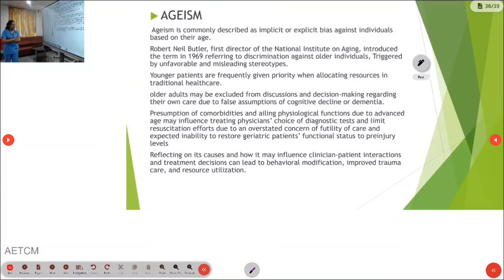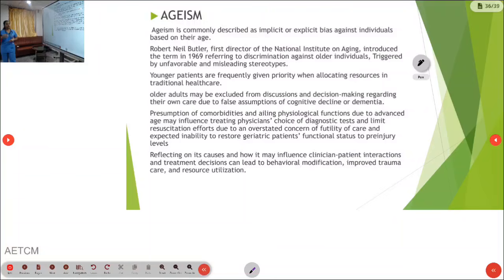Reflection on these causes, like pre-existing conditions and declining physical function due to advanced age, may influence the treating physician's choice of diagnostic tests and limit resuscitation effort due to overstated concern of futility of care and expected inability to restore the geriatric population's functional status to pre-existing level.